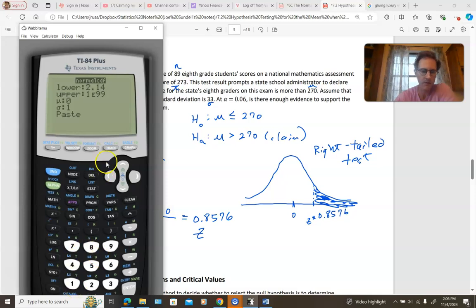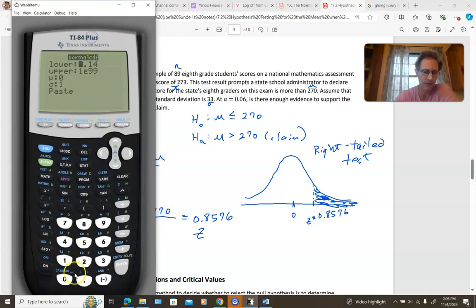My upper bound, move this up, 0.8576, and then my upper bound will be positive infinity. Enter.